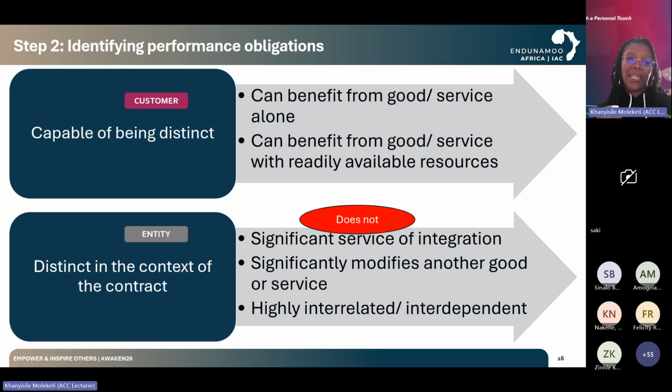The customer can buy the software and use it, or get somebody else to come and install it for them, but they don't need me or my installation service. They can use that software by itself because it's very generic, very off the shelf. Take it, put the CD or whatever into your laptop and it runs.